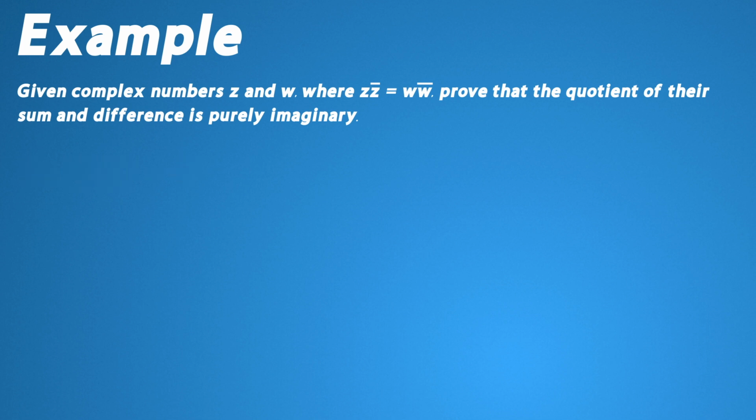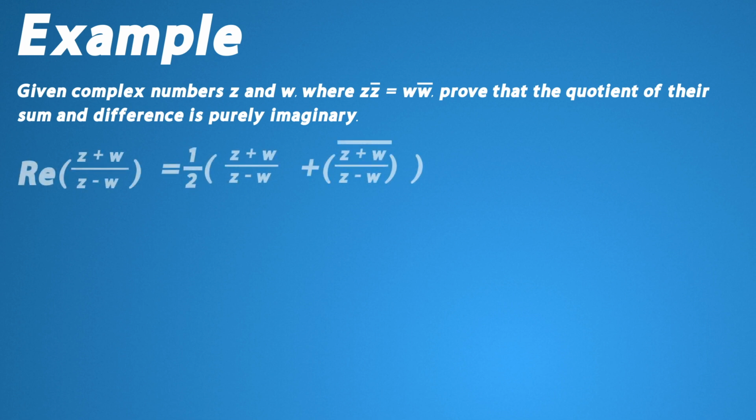From our definitions, we know that the real part of z plus w over z minus w is just equal to 1/2, and then in brackets that big term, z plus w over z minus w, plus z plus w over z minus w conjugate. And then we can use another property to break up that second piece.